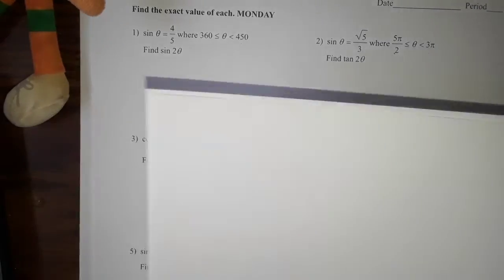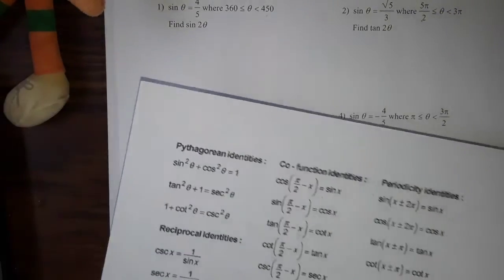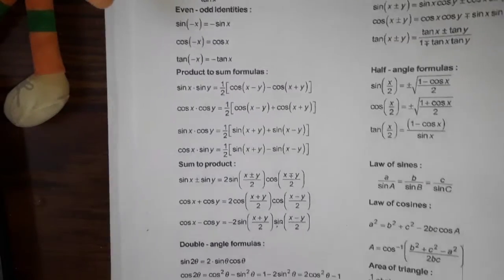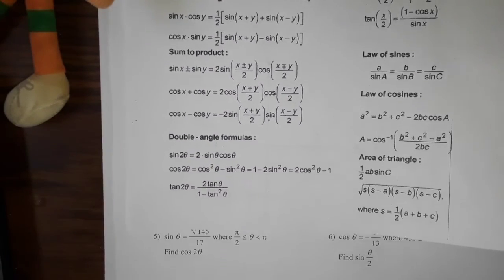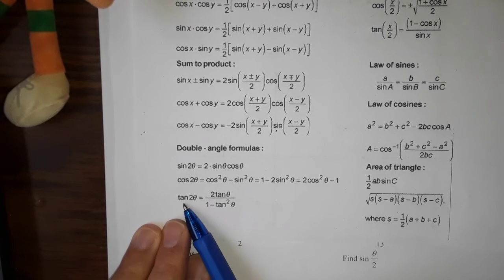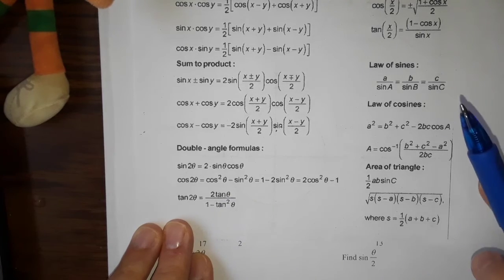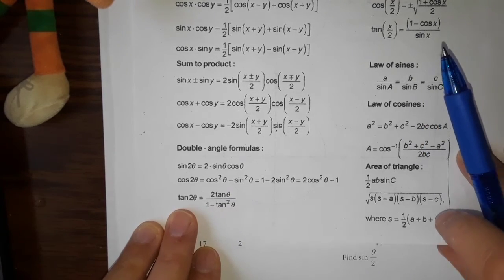The last thing I want to talk about is, again, we have to find tangent of 2 theta. Where is that here on the paper? Here we have tangent of 2 theta. It's 2 tangent of theta over 1 minus tangent squared. So to find tangent of 2 theta, we need tangent.